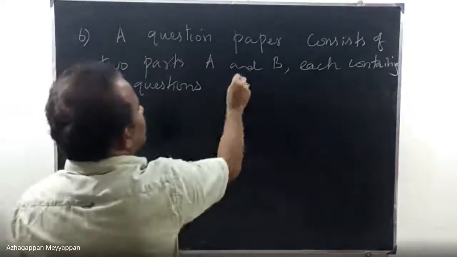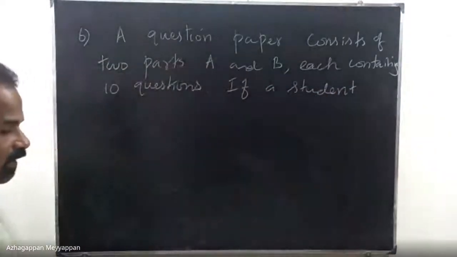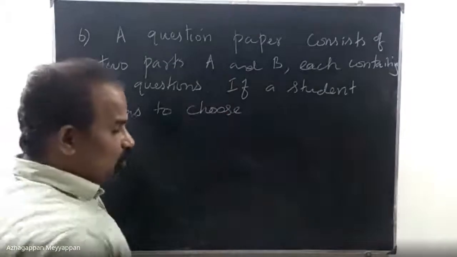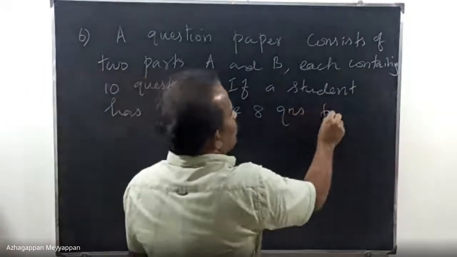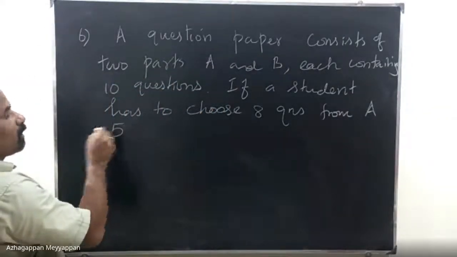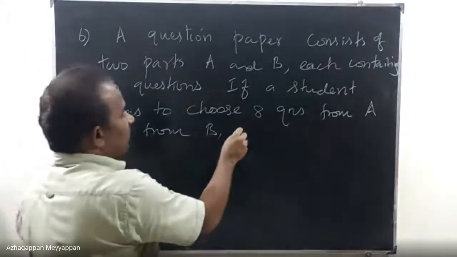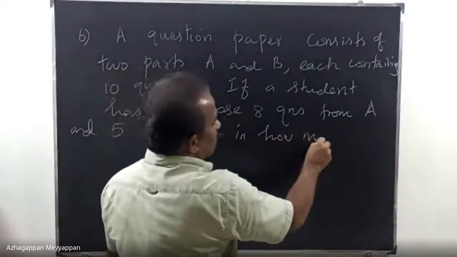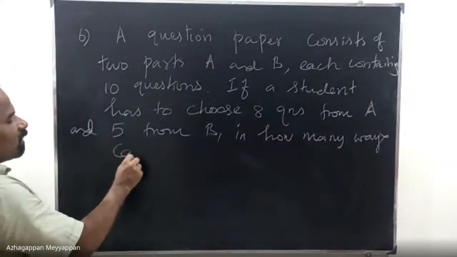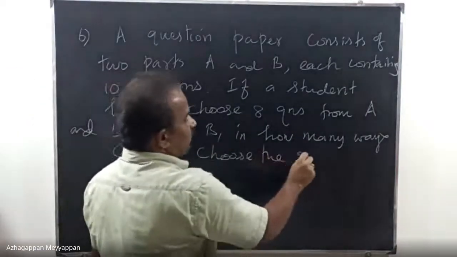If a student has to choose 8 questions from part A and 5 questions from part B, in how many ways can he choose the questions?